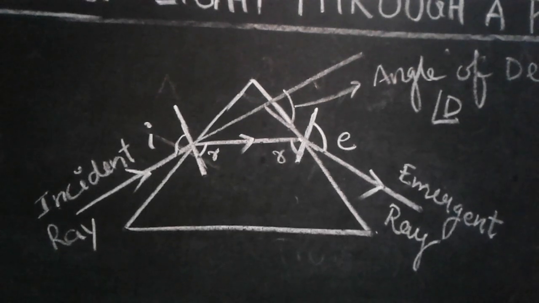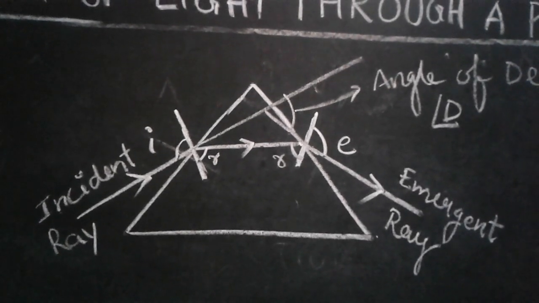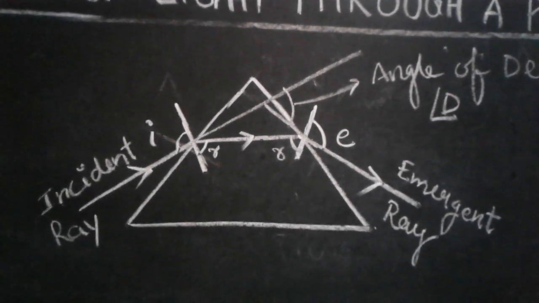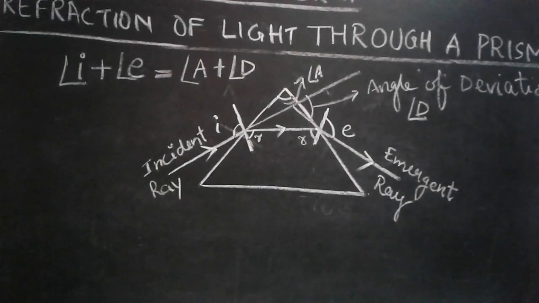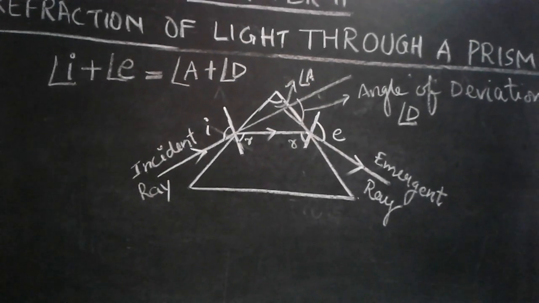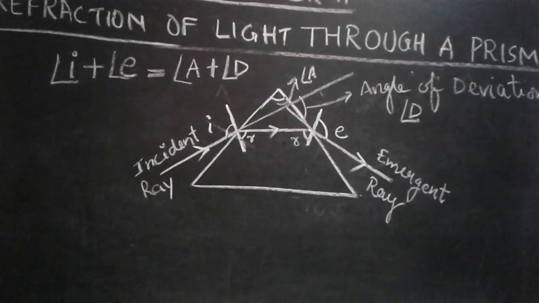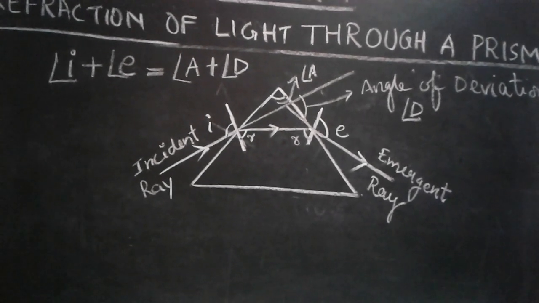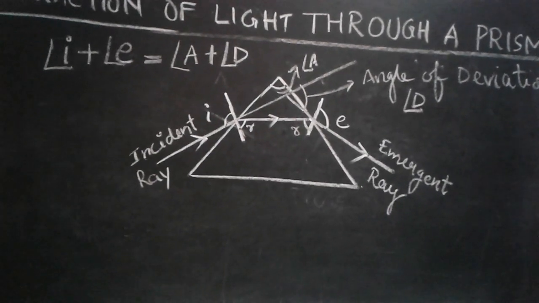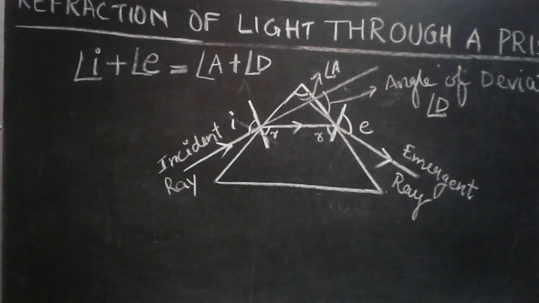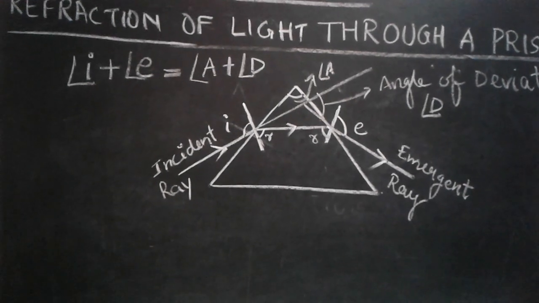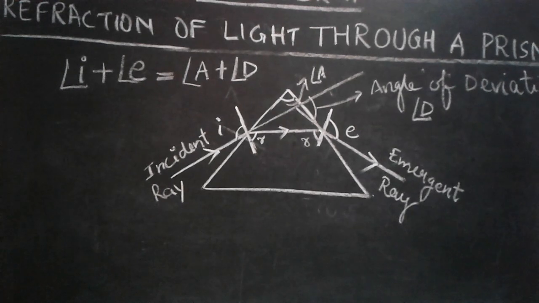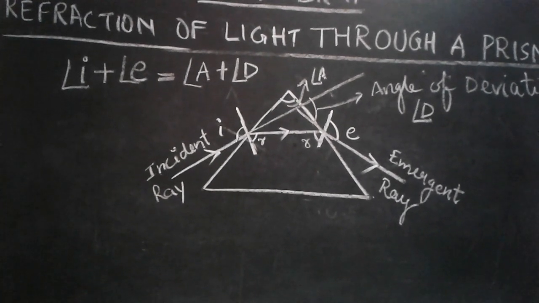In case of a glass slab, we have learned that angle I and angle E are always equal, but here there will be a different relation. Let us see that. The relation is written as angle I plus angle E is equal to angle A plus angle D. You can see angle I and angle E together on the LHS, and on the RHS we have angle A and angle D. Angle A, children, for an equilateral triangle prism, will be 60 degrees. Prisms are available in different shapes and sizes and therefore angle A will depend upon the shape of the prism.